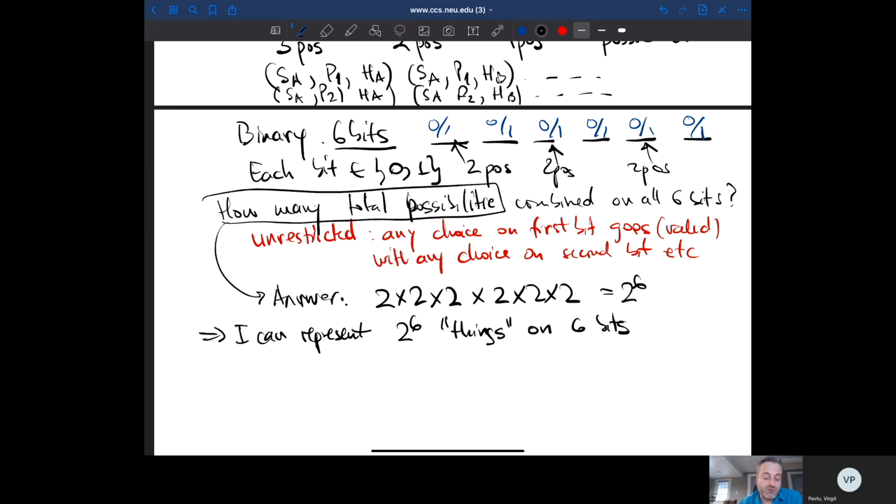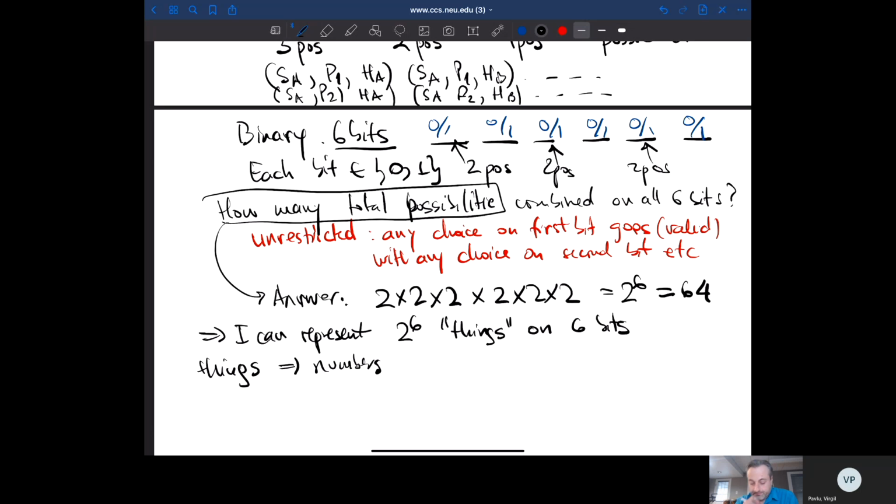Now, the things, of course, for us, we want them to be numbers. But we can represent other things: food plates, people, courses, universities, political candidates, whatever you like. But the point is, you can only represent 2 to the 6, which is 64 total possibilities.